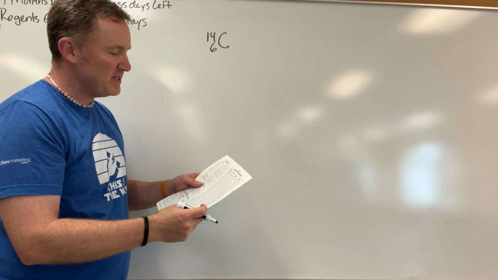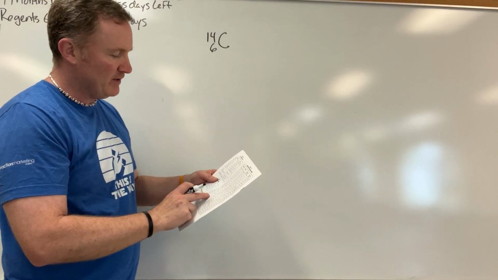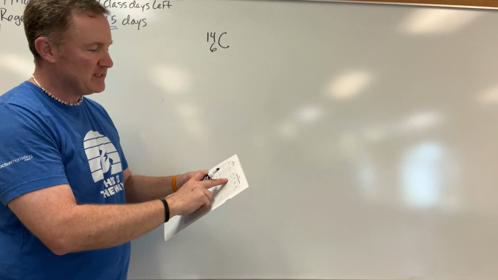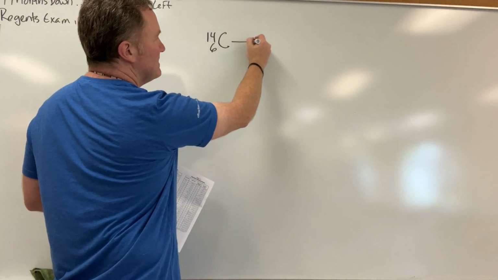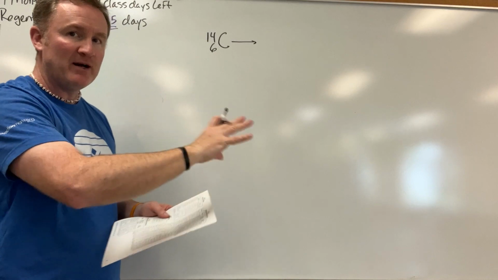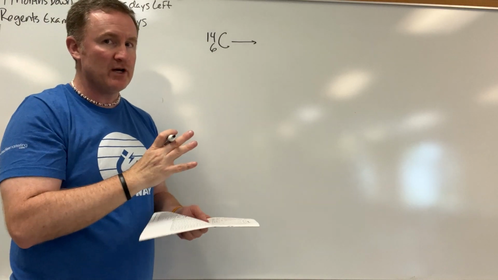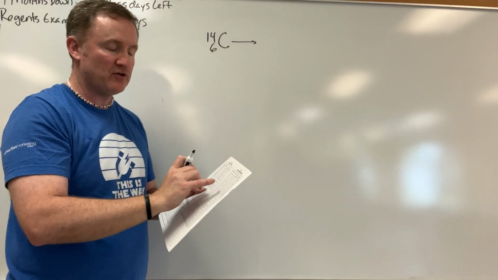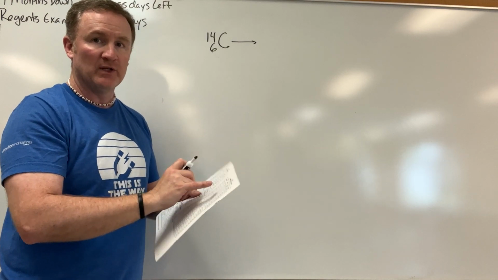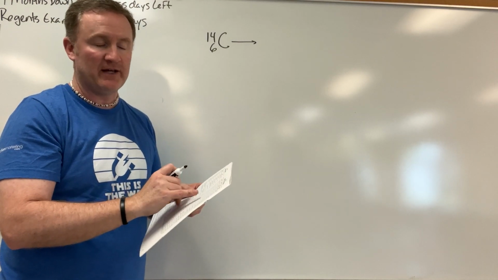So carbon-14, according to our chart, if we look up carbon-14, it is the second one down, it goes through beta decay. So what that means is that over time, a beta particle will be shot out. And we don't really know when and where, but according to this, the half-life, make sure you check out the other video that relates to half-life, because I'm going to go through some half-life scenarios.